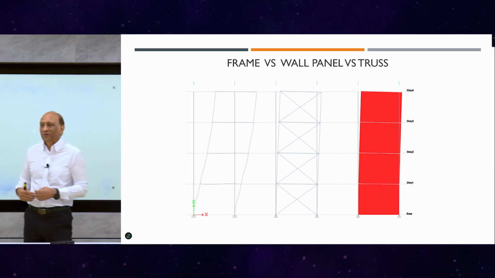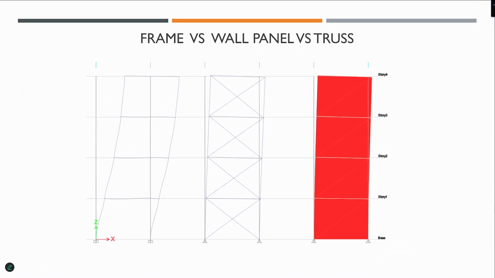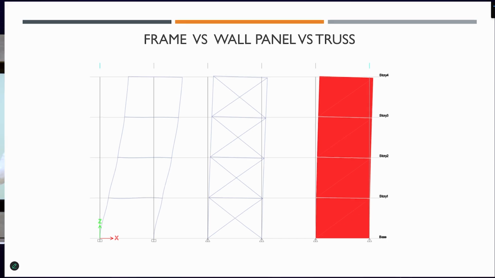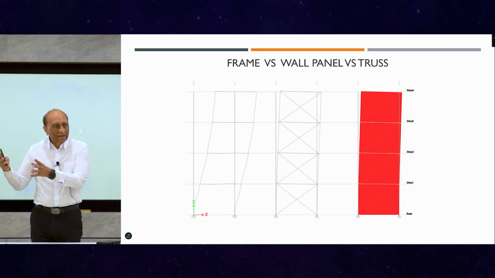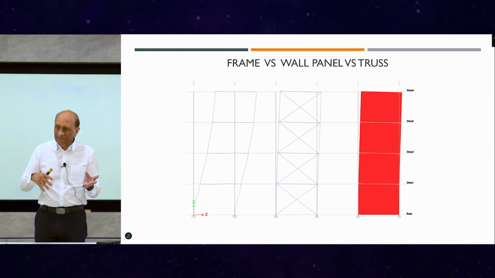Both of them will work almost the same way, and they basically block these panels from shear deformation. So this is a shear deformation, as you can see here, and this is a bending deformation. So they convert the shear deformation into a bending deformation. And that is the key strength of this one. So they have a lot of bending capacity, and then in return, they give you a lot of shear capacity.